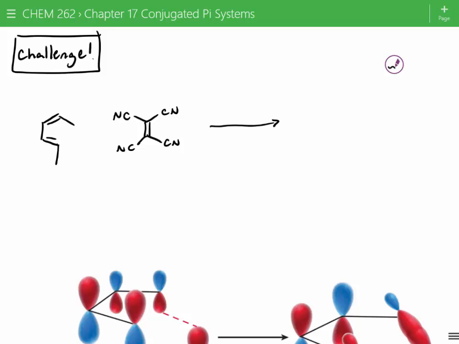I would maybe try to draw it as the boat view. So that top-down view, I know it's harder to draw that way, but in this example, it will make more sense if we draw it in the boat view. You can draw it either way, but you'll see the stereochemistry will make more sense with the boat view. So I'll give you guys a minute to work on this.